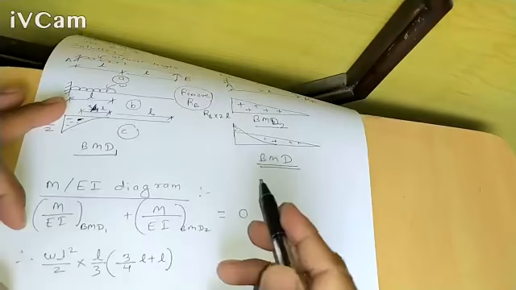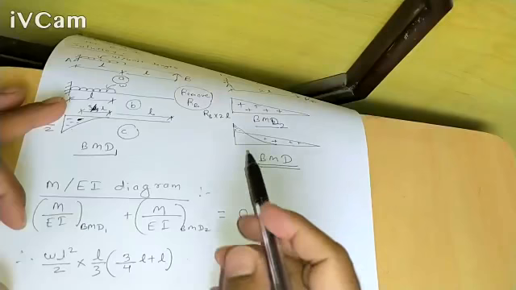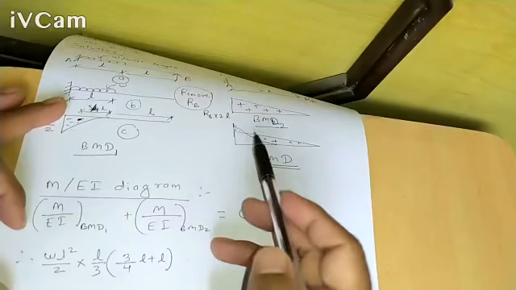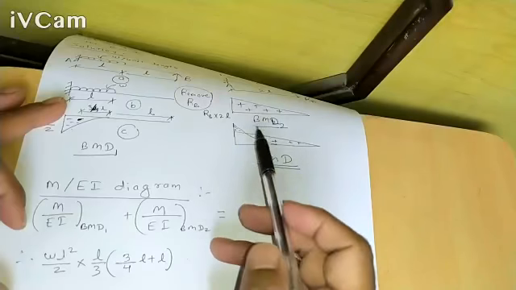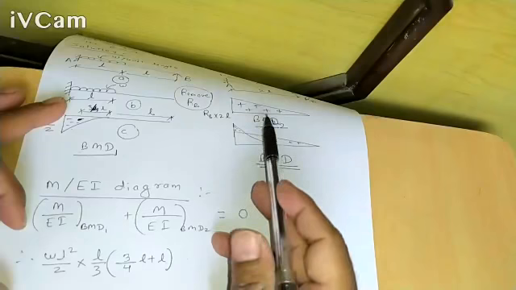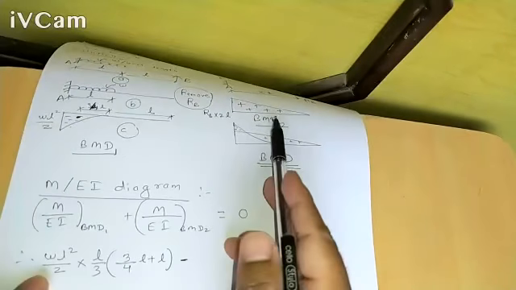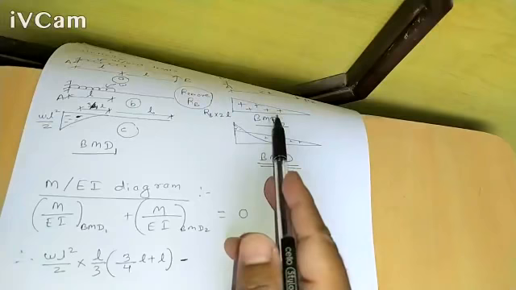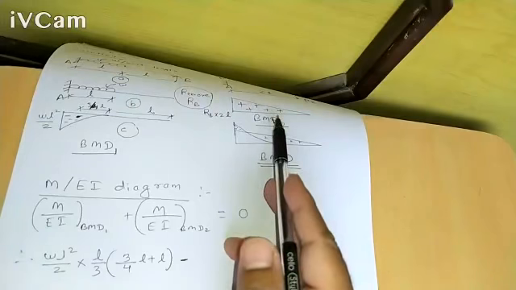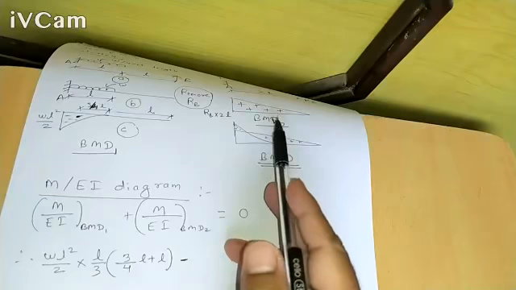So half into 2L, multiplied by the CG distance, which would be 2/3 of 2L.